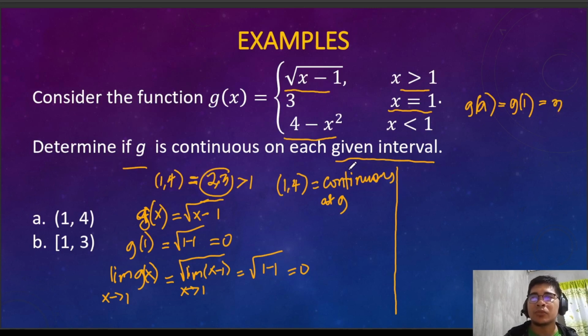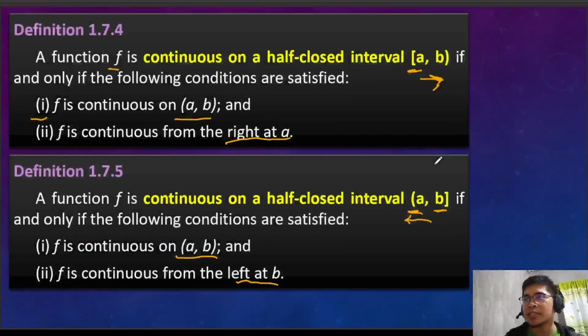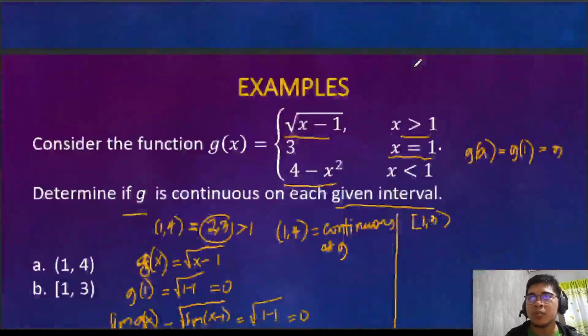And now we need to satisfy the given half-closed interval 1 and 3. So what we will do here is determine the right limit of 1, right? From the right, as we put in our definition: continuous from the right at A. So our A here is 1.